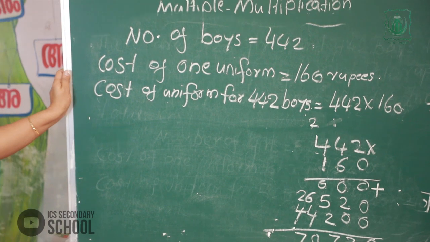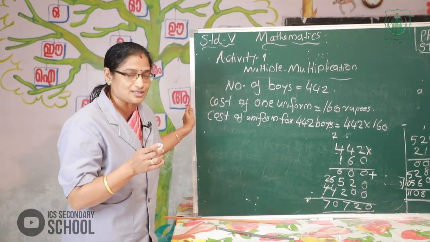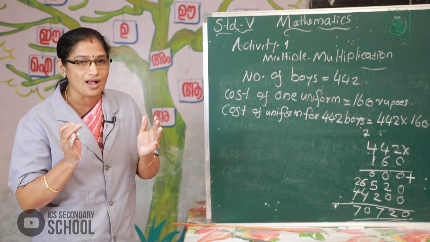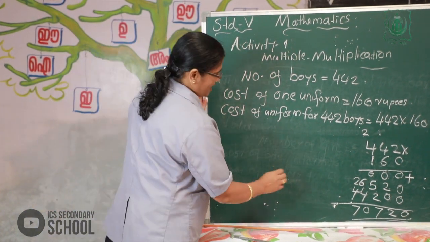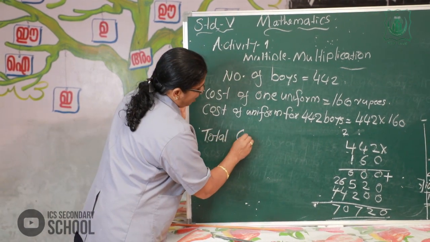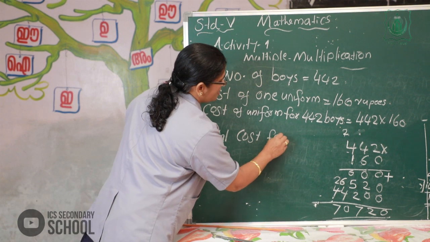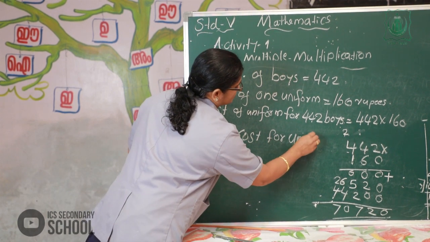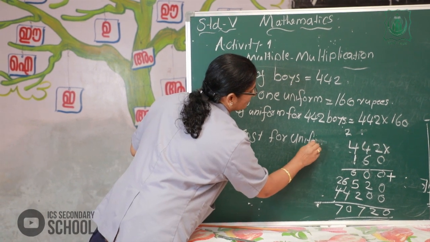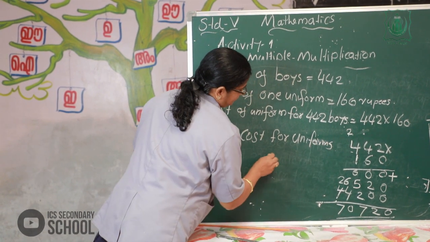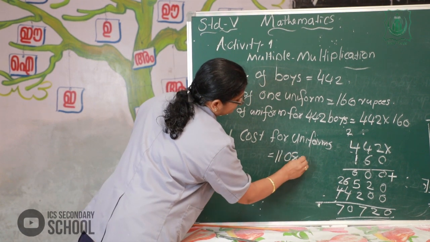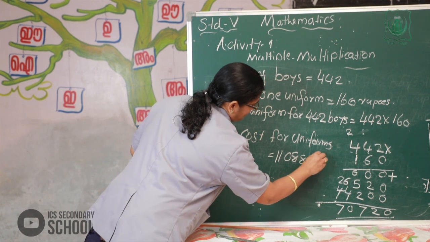And find the total cost for uniform. To find the total cost for uniform, first girls' total cost for uniform plus boys' total cost for uniform.